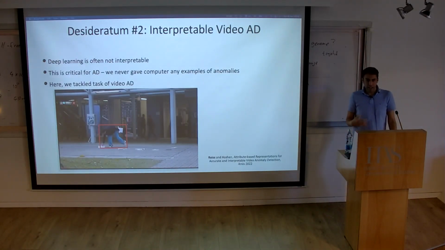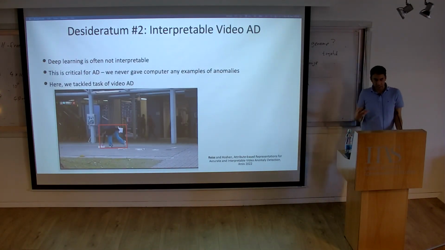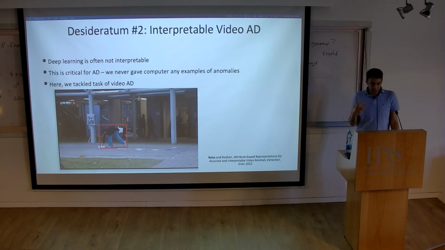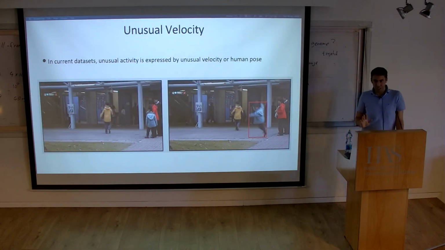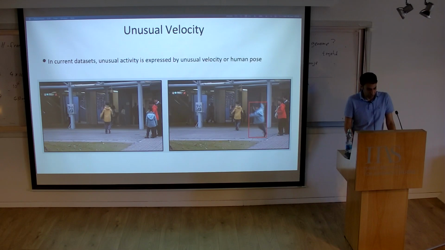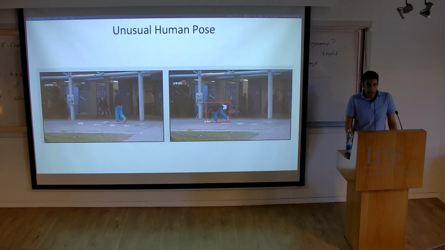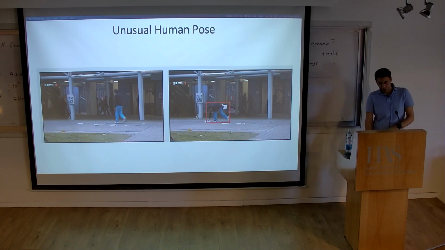In academic video anomaly detection datasets, the anomalies are typically separated by a couple of attributes. These attributes are typically the speed of the object, right? People who are running particularly fast, or vehicles that are moving very fast, or things like that. So this is one type of anomaly that's fairly common. Unusual human pose: when people do unusual things, they usually have their bodies in an unusual pose.